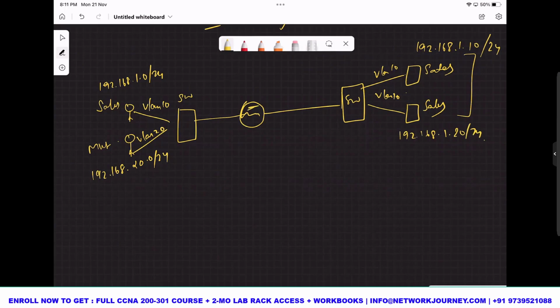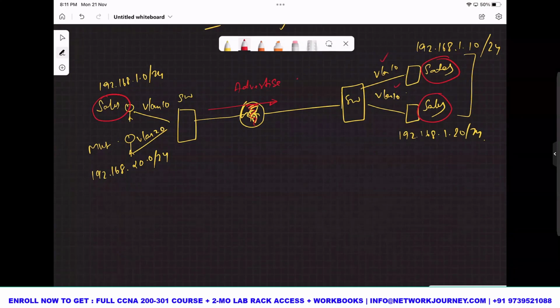So this router is acting as an intermediate person. For some reason, if the sales guy wants to talk to the sales guy sitting on a different floor, the router needs to advertise the network. He needs to advertise his 192.168.1.0, so that the different floor people know that there is someone on the different floor.